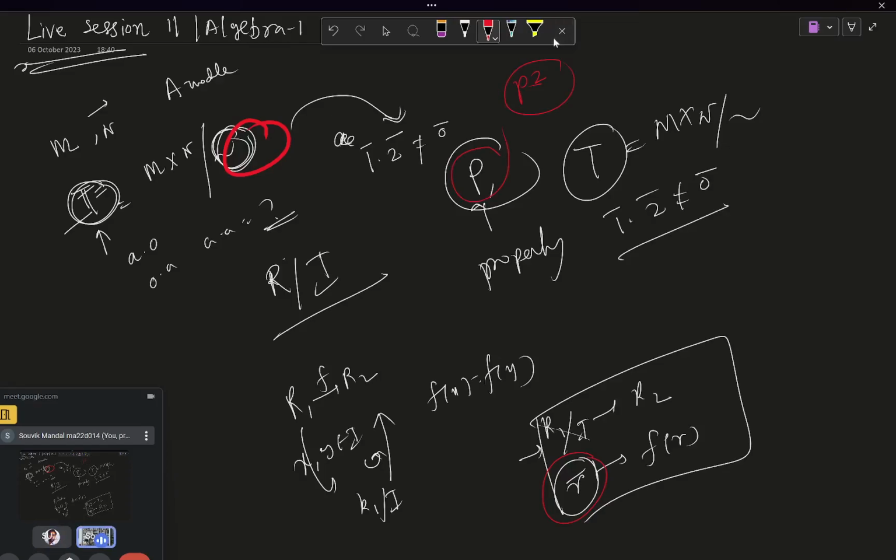Tensor product is by definition abstract, and in order to work with it, we need to use two or three properties, and those will solve any tensor product problem. Nothing can be done directly by definition. Always you need to use some property.